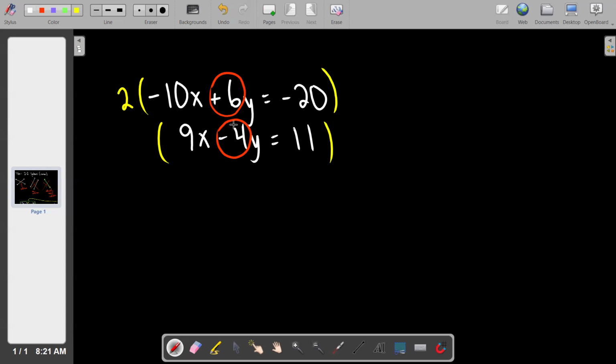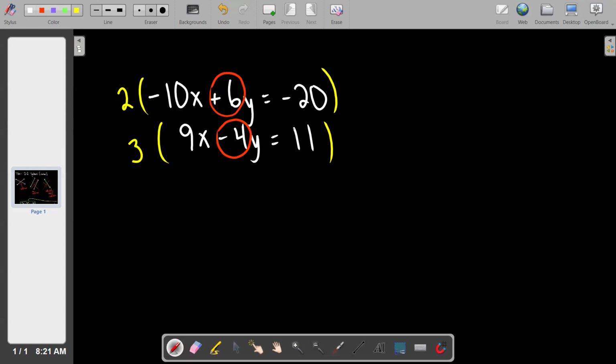If that 4 in the red circle below had been a plus, then I'd have to change it to a minus, right? To get them to offset. But they're already plus minus. This is super easy. What do I multiply the bottom by? Just 3. And by multiplying by a 2 and a 3, those two numbers in the red circles will become a 12 and a minus 12.